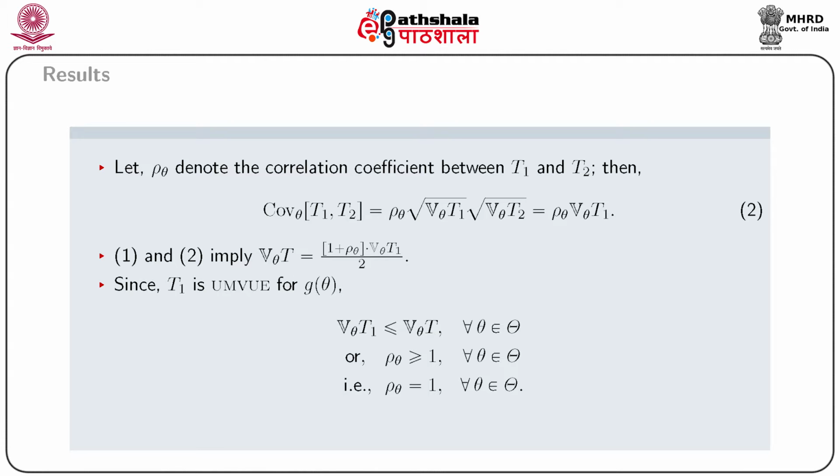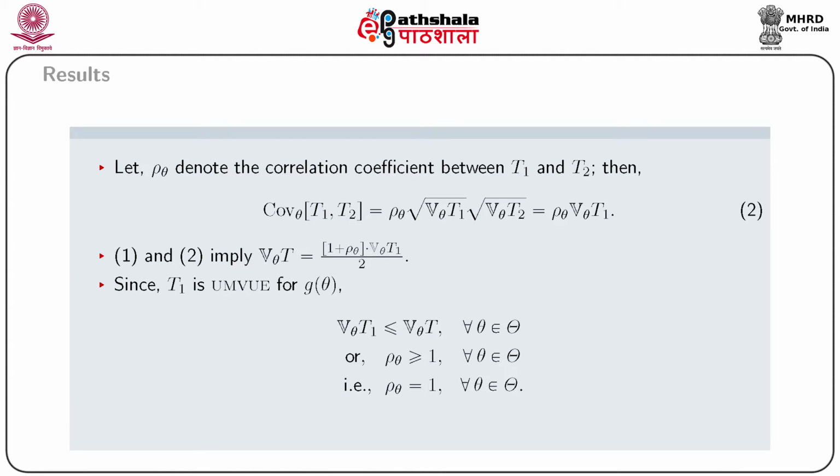Hence, we get variance of T is equal to half into variance of T1 into 1 plus rho theta (T1, T2). Since T1 is a UMVUE of g(theta), variance of T1 is less than or equal to variance of T for all theta, which implies that rho theta (T1, T2) is greater than or equal to 1 for all theta.